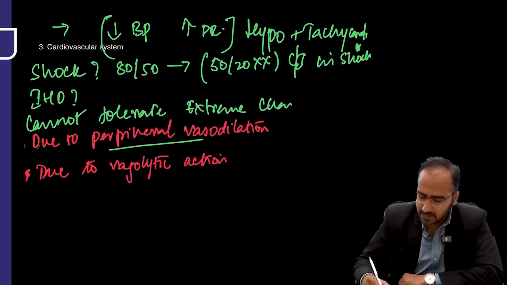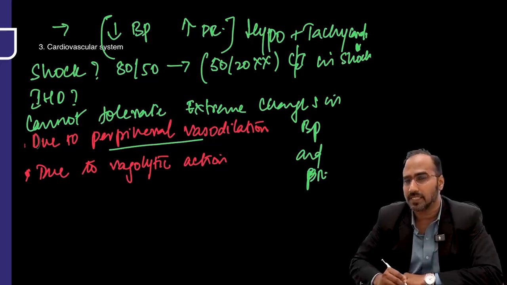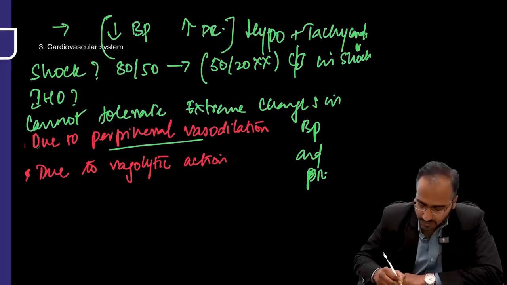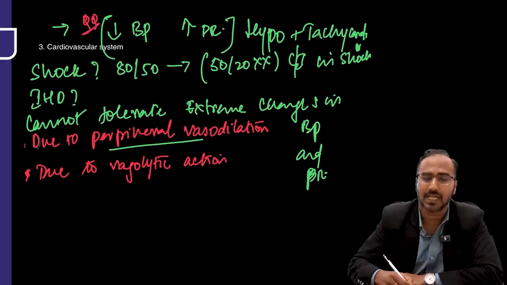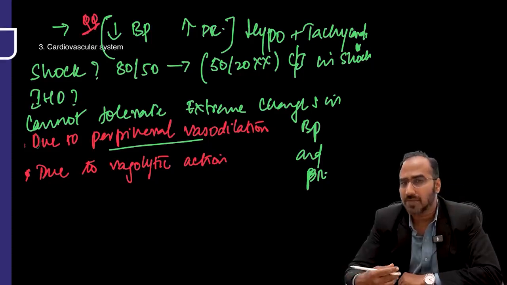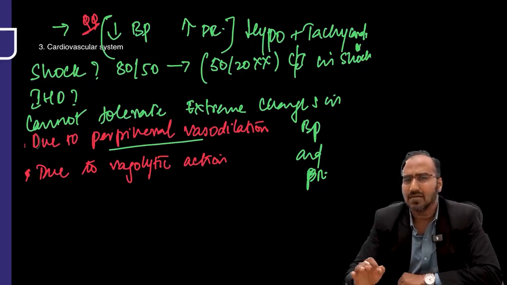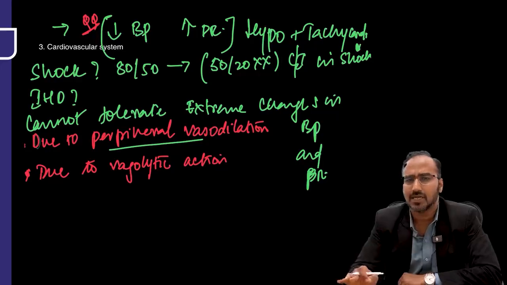Extreme changes in BP and pulse rate. What is sodium thiopentone doing to the BP and pulse rate? It is causing hypo and tachy. This is very important, guys. Sodium thiopentone causes hypo and tachy. That's the differentiating feature of sodium thiopentone with propofol. Okay? So remember, both sodium thiopentone and propofol are causing hypotension.